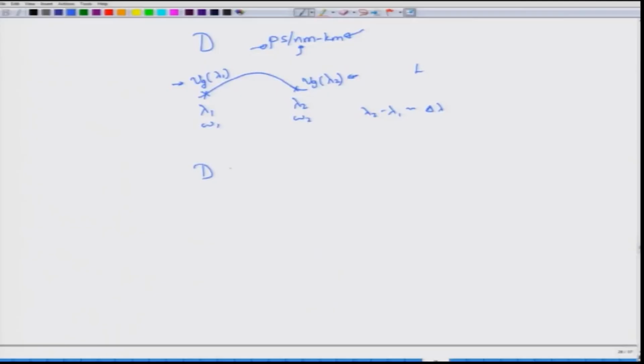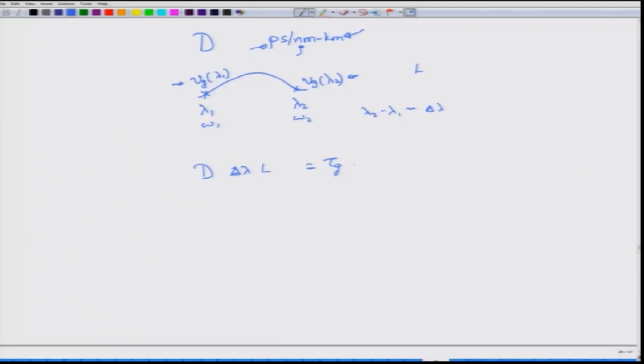Okay. And this dispersion parameter D is related because D delta lambda L will tell you the total delay, correct. So, you have picosecond per nanometer kilometer multiplied by nanometer multiplied by kilometer. So, this will be the total delay, and in fact this delay is equal to tau g.